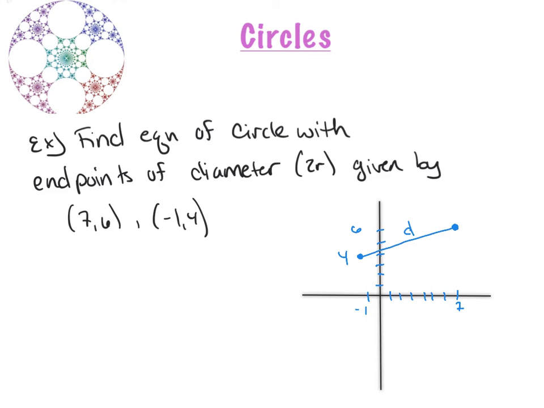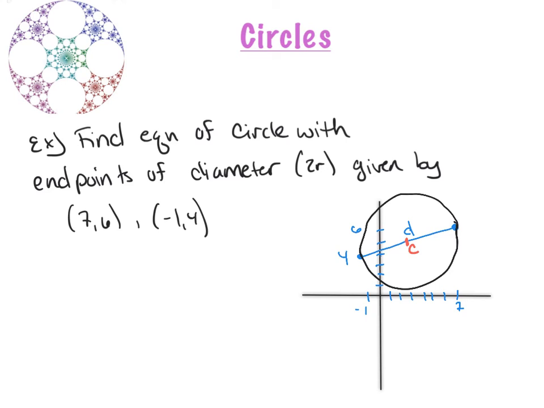Remember, there's two important things I want you to remember about the diameter of a circle. Number one, the diameter goes all the way across the circle. And number two, the diameter has to go through the center. So the center is halfway between those two endpoints. I'm going to try my best to draw a circle. It's a squiggly circle, but it's a circle.